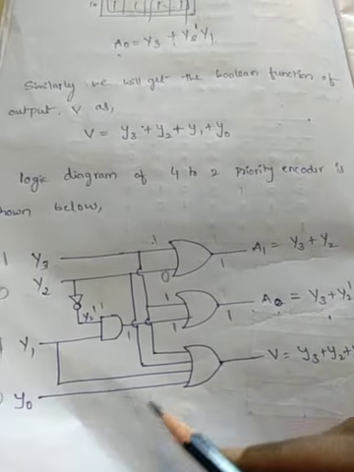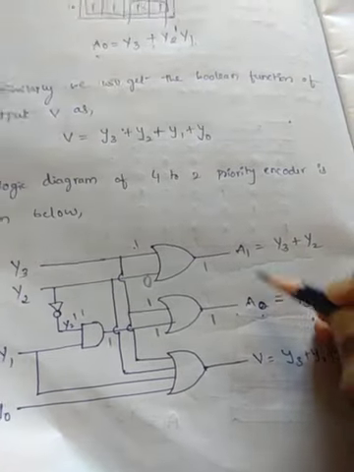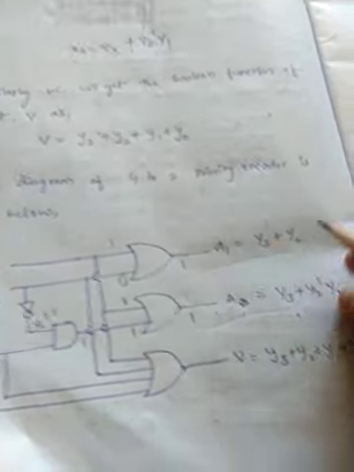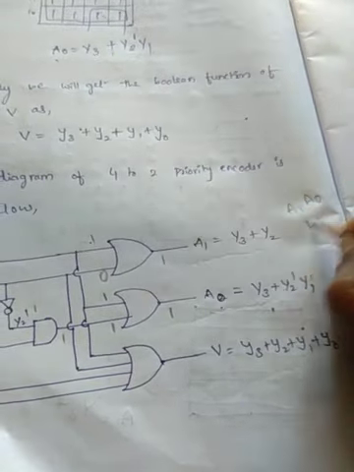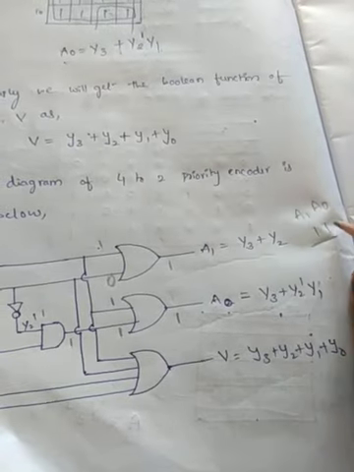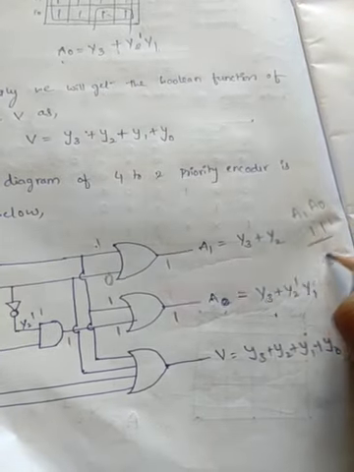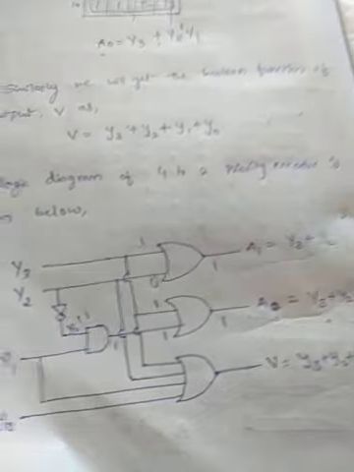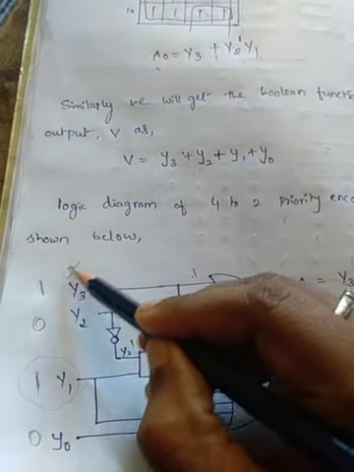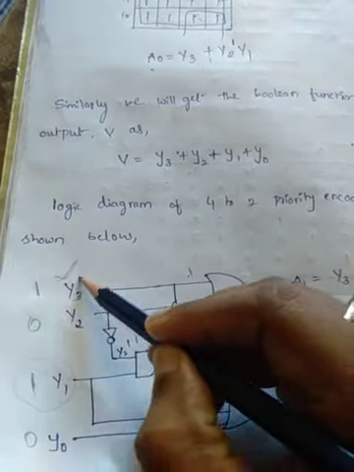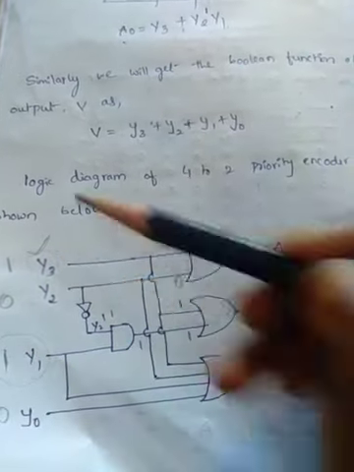So a1 and a0 are 1 1, and 1 1 corresponds to y3. Even though y1 is enabled, y3 is served because it has the highest priority.